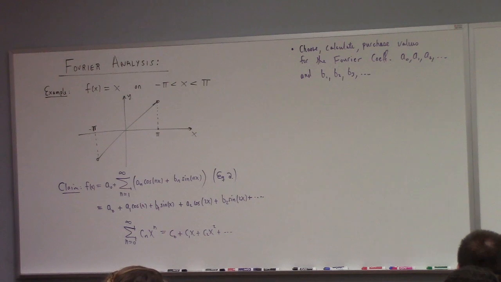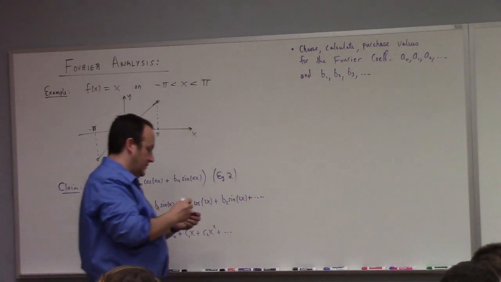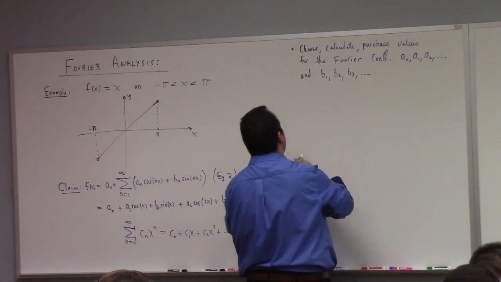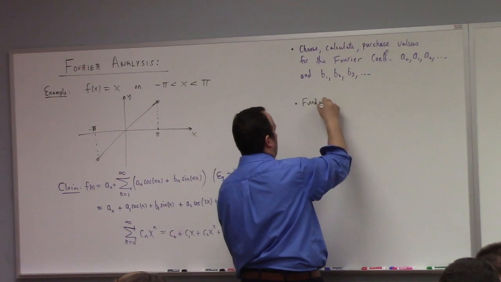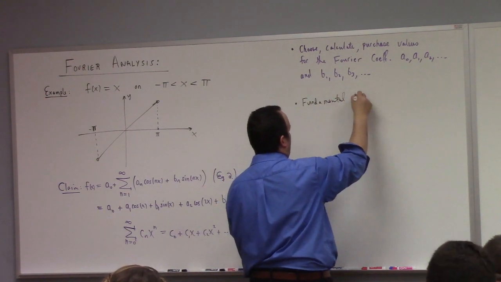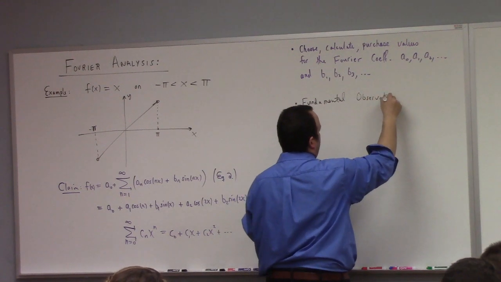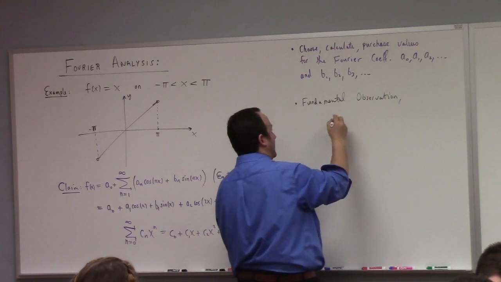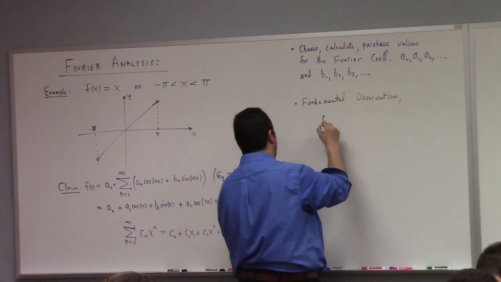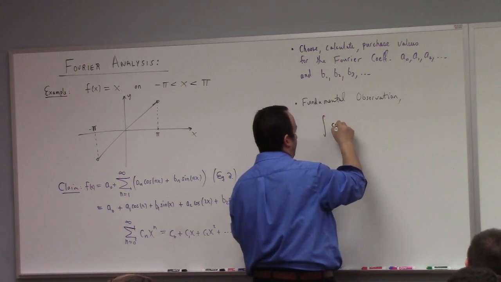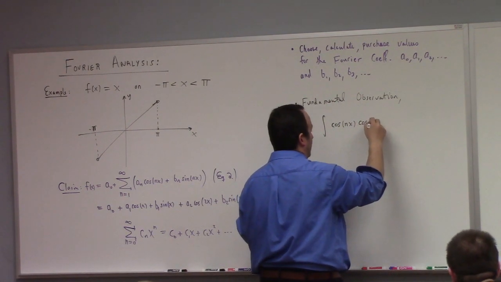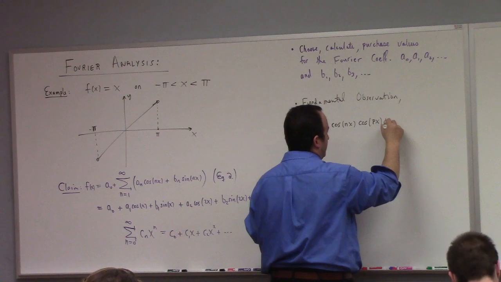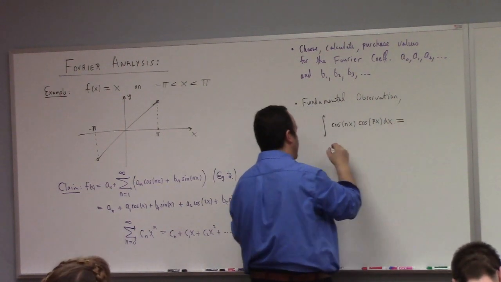The way that that's done is really neat. So it basically comes down to this fundamental observation, in terms of the calculus involved here, which is that if we integrate cosine of nx times the cosine of, let's say, px dx, we get a very particular thing.